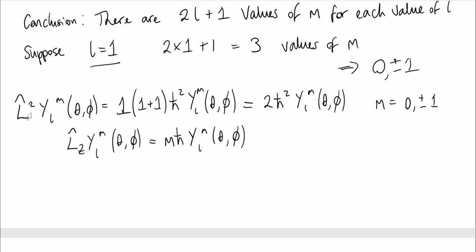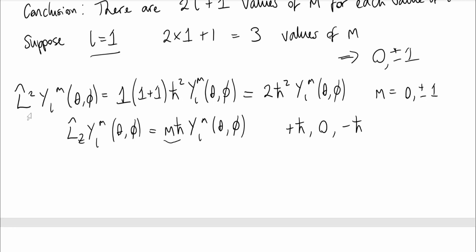So actually we know that there are 3 values for the angular momentum in the z direction, and those are going to be plus h bar, 0, and minus h bar. So what does that mean? We'll look at that in a second.